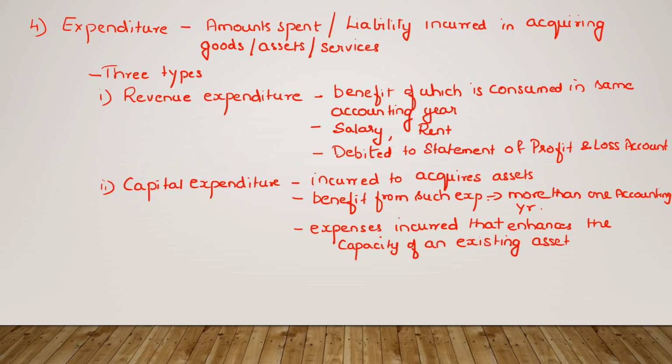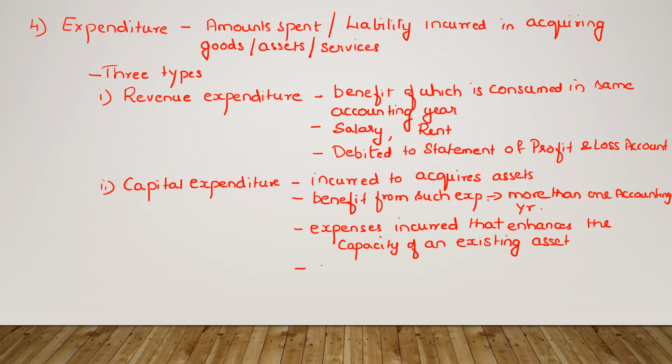But in this current accounting year, if some other component has been purchased, which when added to the existing machinery would increase the capability or capacity of the existing machine to produce more number of units than before, then that enhances the capacity of the existing asset. So whatever expense is incurred in purchasing that additional component which got attached to the existing machinery is also classified under capital expenditure.